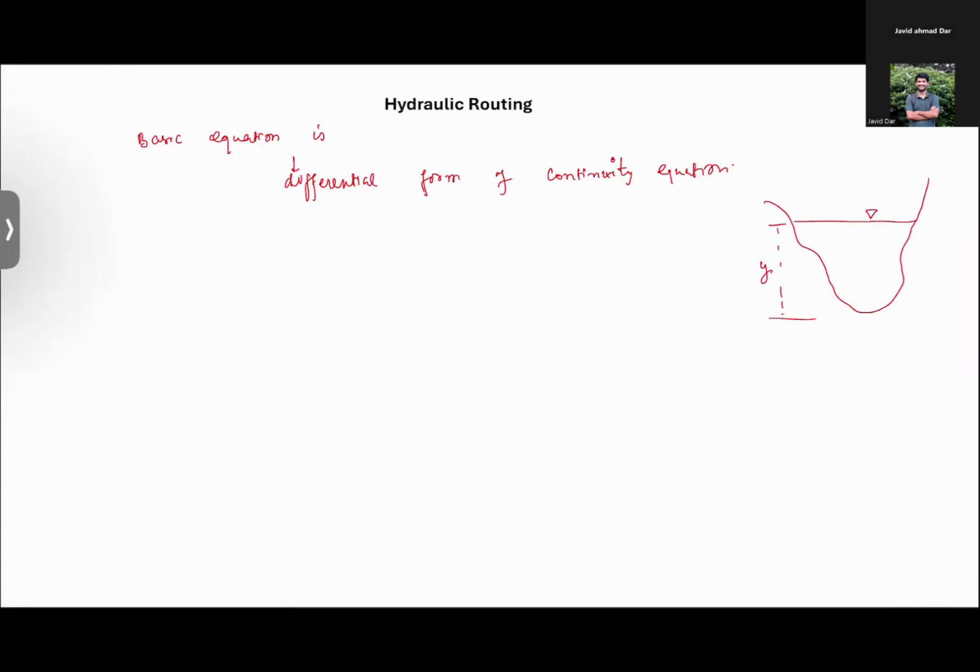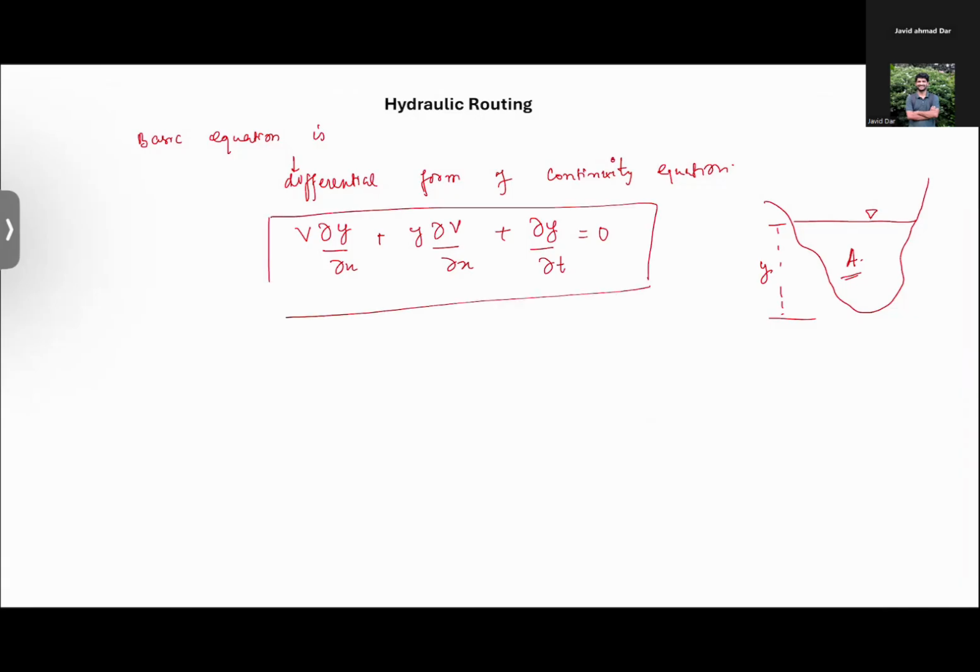So this is your depth y and this is your area A. So the continuity equation is V dou y upon dou x plus y dou v upon dou x, where V is your velocity of the flow, and this is 0. So in case of hydraulic routing, the first thing that we use is the differential form of the continuity equation. And the second thing that is used in this case is the equation of motion.